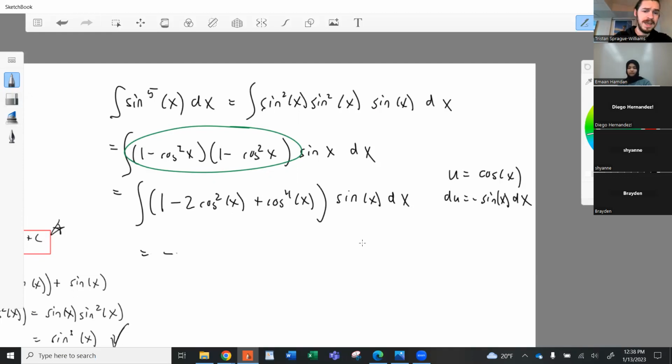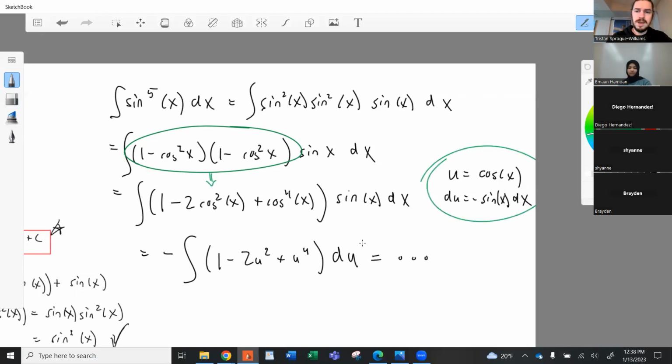So this becomes negative integral of 1 minus 2u squared plus u to the 4th du. And that we can integrate pretty easily, because it's just a polynomial, right? Then u sub. Yep, that's our key there.